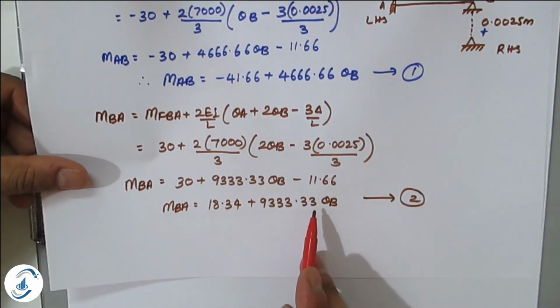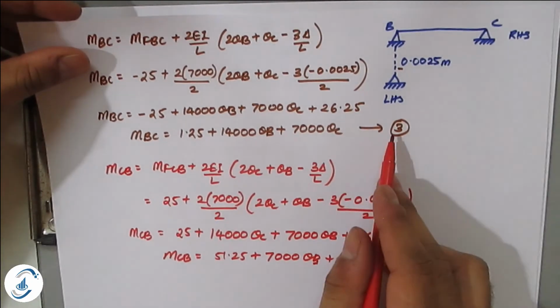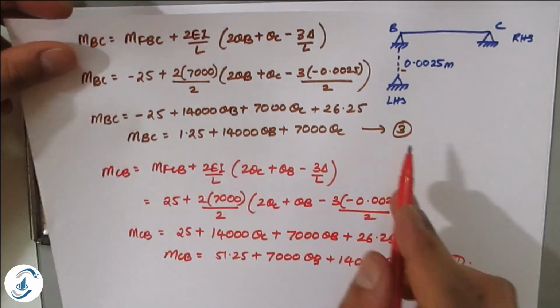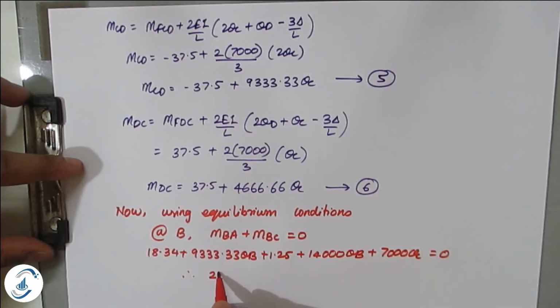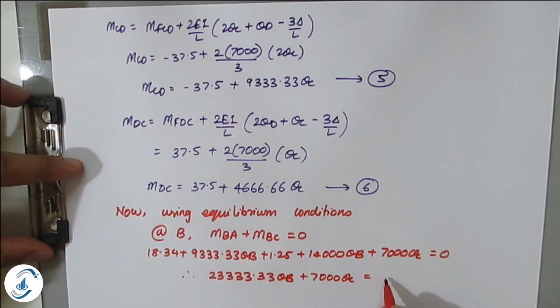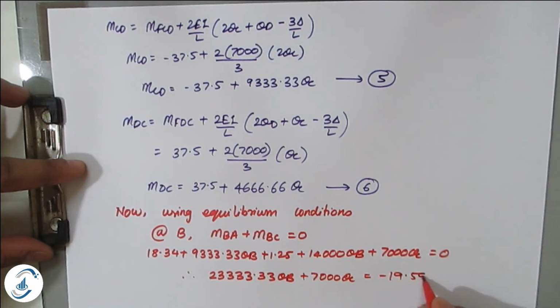So this equation plus the MBC equation, for that MBC is the third equation. So second and third equation you have to add and equate to 0. 23,333.33 theta B plus 7000 theta C is equal to minus 19.59. So this will be your equation number 7.